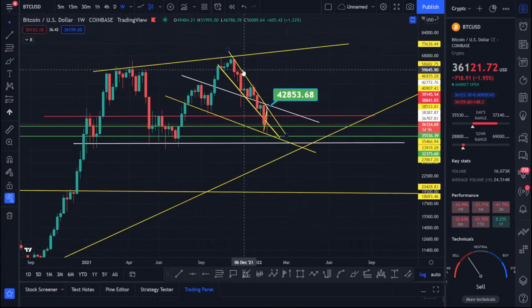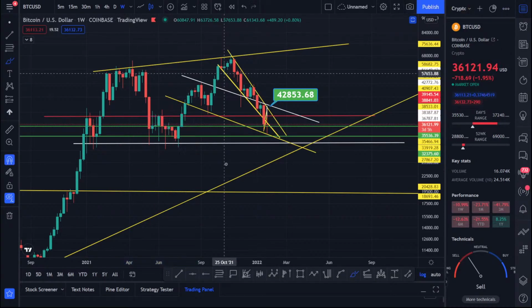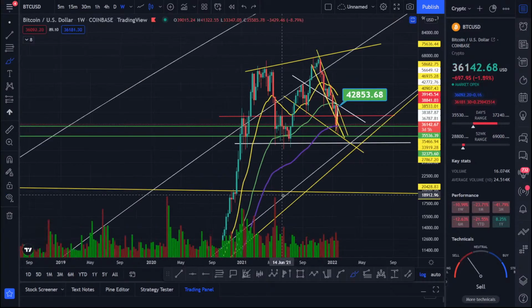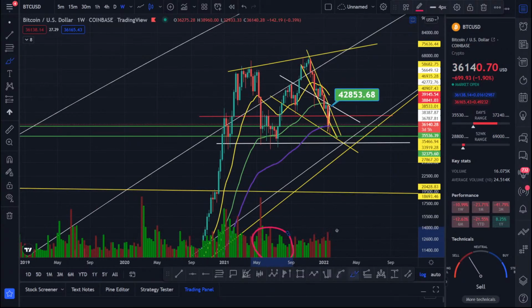It's still in this pattern, and I'm very hopeful for this kind of scenario to play out. This kind of scenario where a lot of consolidation takes place. And with that consolidation, you would also want to see some kind of volume. This kind of volume you want to see, and that's going to give you an indication that after it breaks out, momentum can shift to the upside.